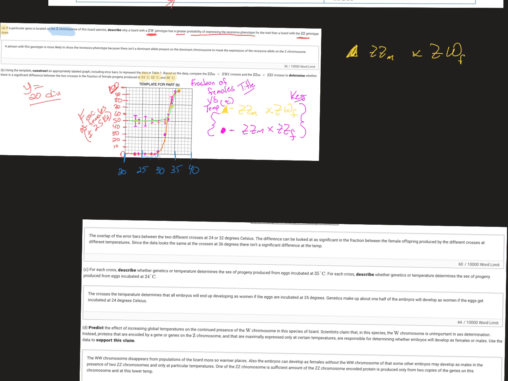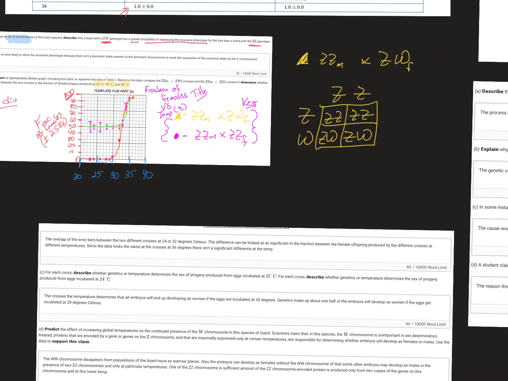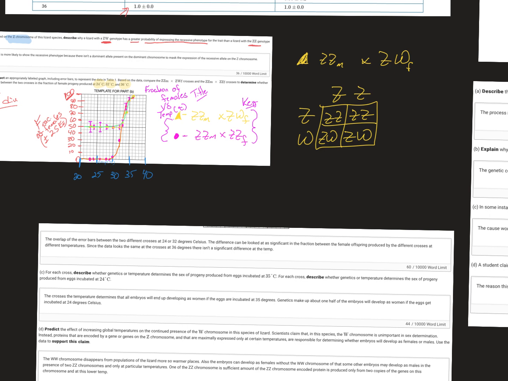So if I cross a ZZ with a ZW, what I expect to see, at least if it was just genetics, is 50% ZW and 50% ZZ.